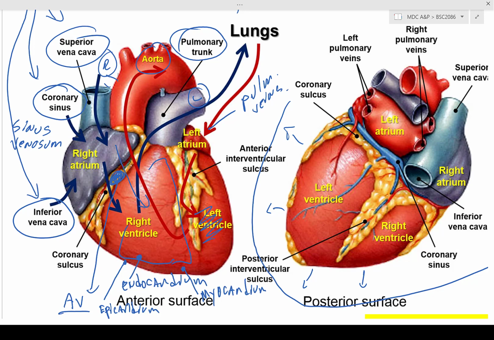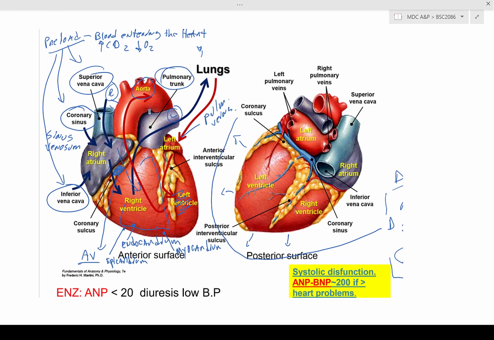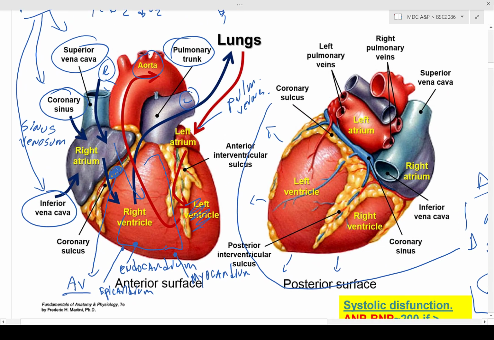Does that make sense? So as you move forward, then what happens? Well, if through systole you need to get a greater pressure, which one does more force? The right or the left? The left deals with more force. The pulmonary pressure is about 10 to 15. Right? You don't want anything greater than 20.